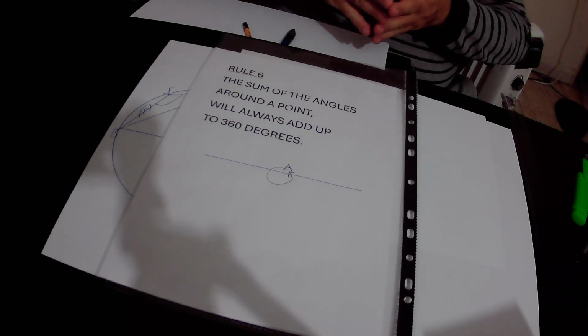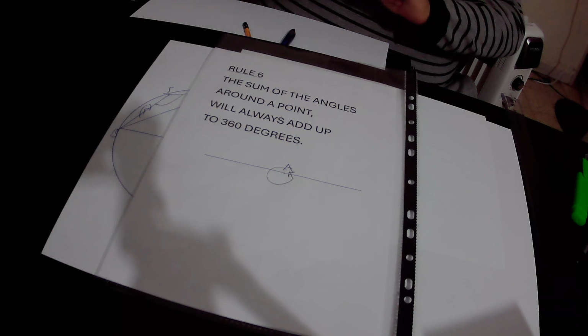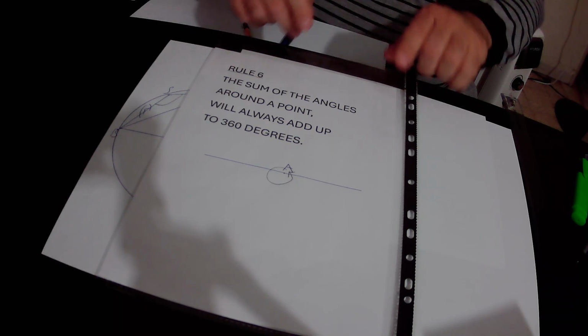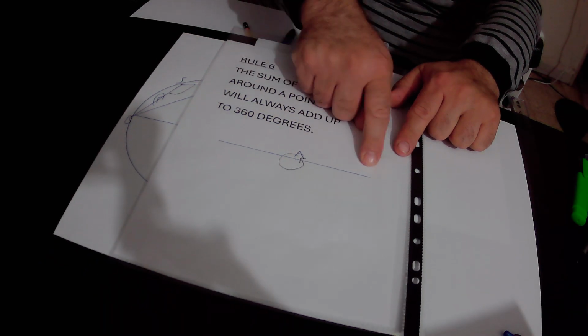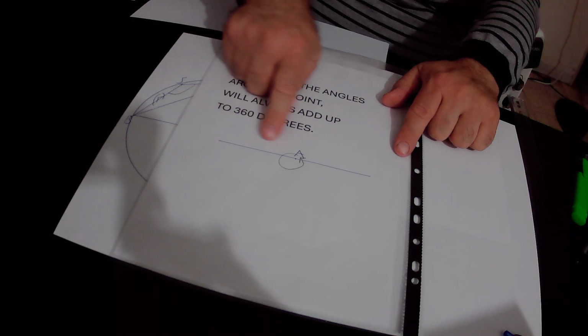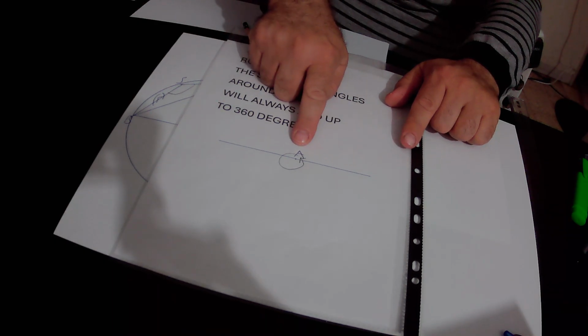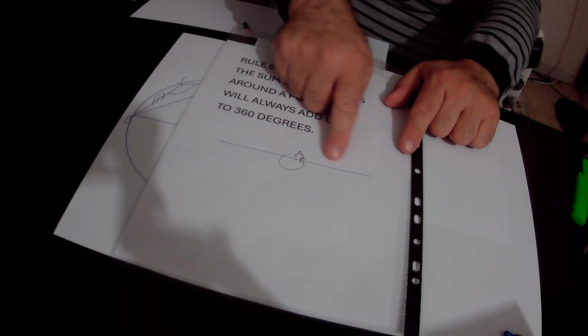In order to prove that this rule number 6 is true, I draw this straight line that passes through point A. Or point A is located on this straight line.